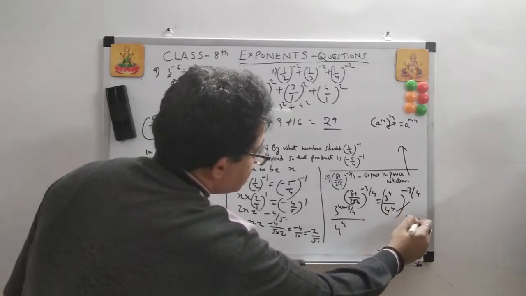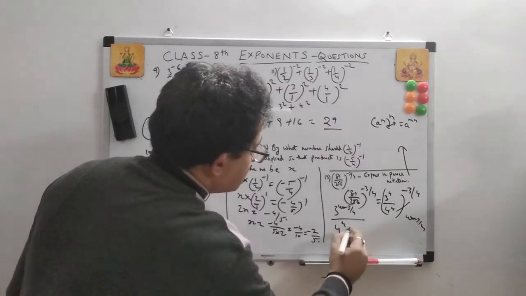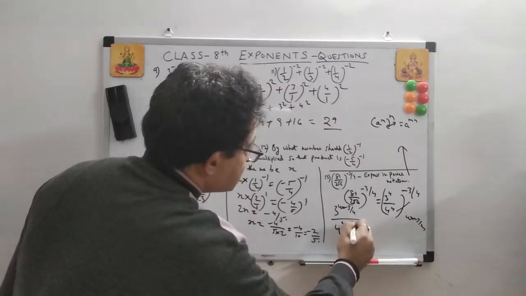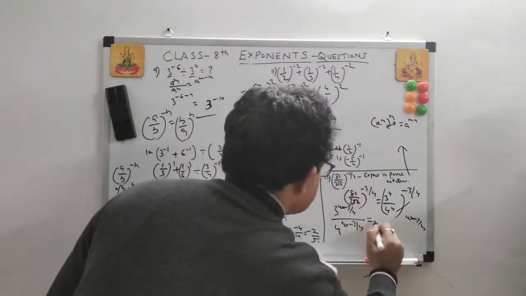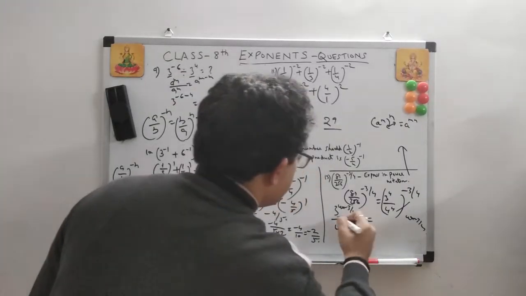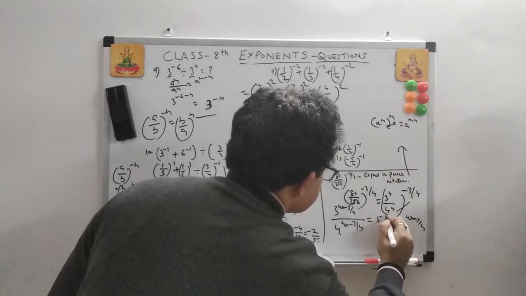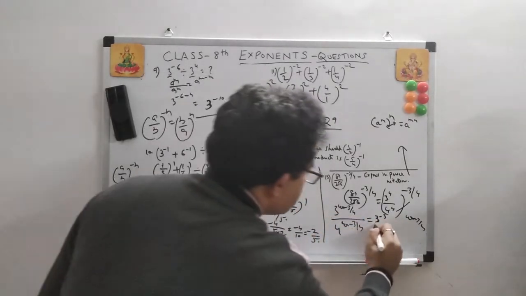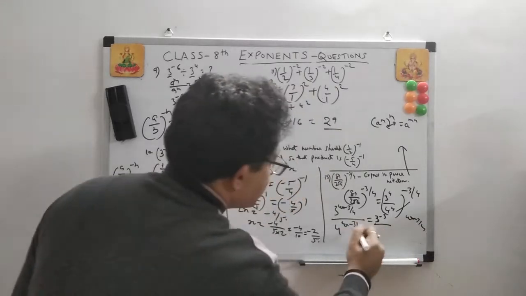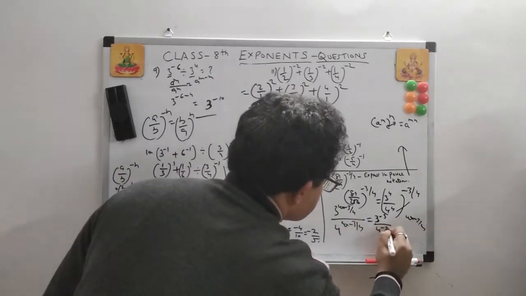4 into minus 3 by 4, right? So herein, 4 and 4 cut, 3 to the power minus 3. Same way 4 and 4 cut, 4 to the power minus 3.